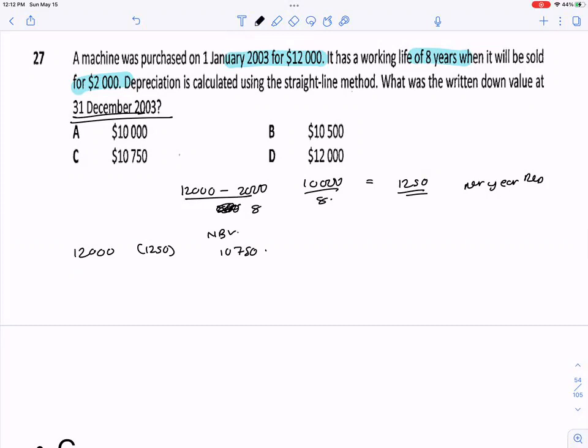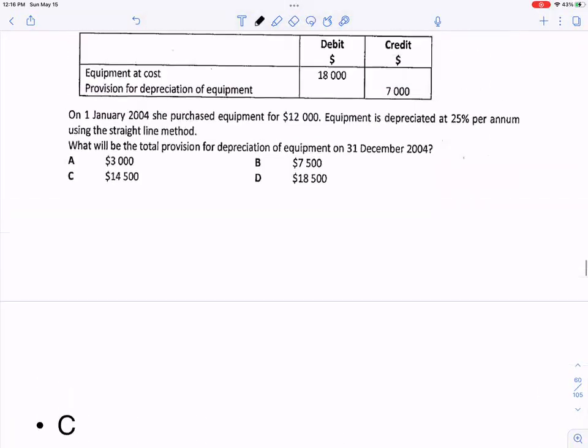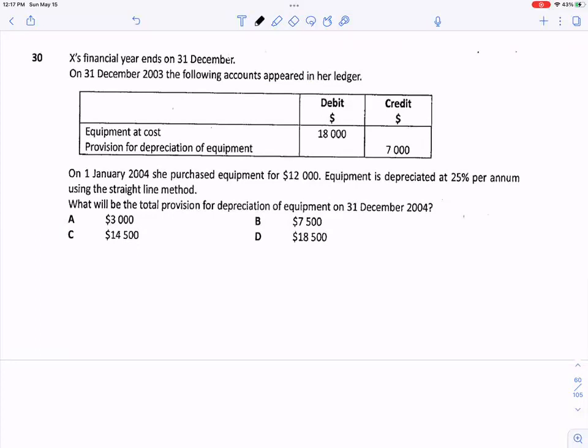Option C, 10,750. You see what happened over here? It should be C. What happened over here? In 2004, miss.